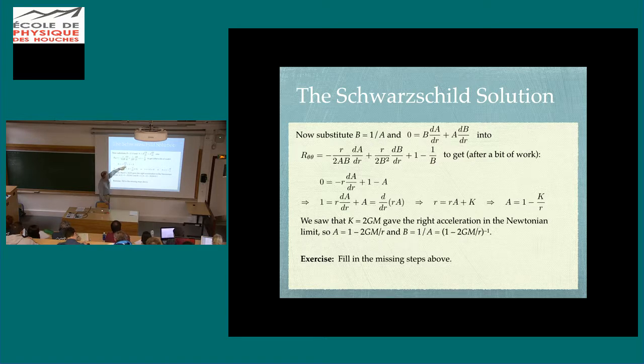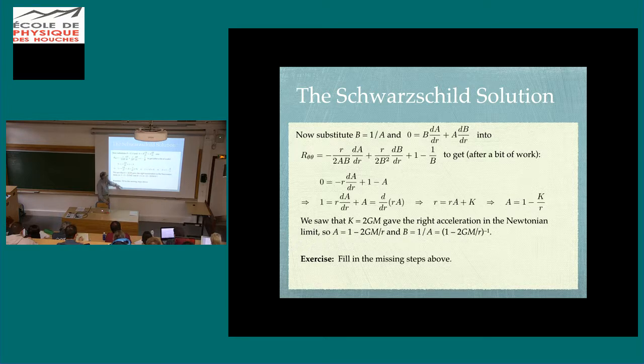And you get this simple equation that 0, r theta theta's got to be equal to 0, and I've eliminated references to B. And so I'm going to move the 1 around and shuffle things a little bit. And I get that. And you can see that that's equal to this.